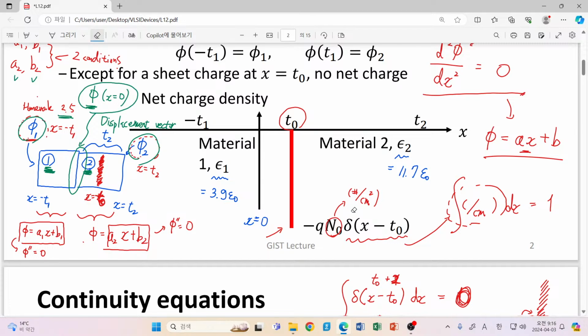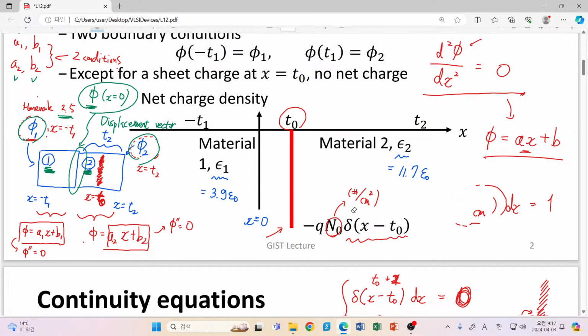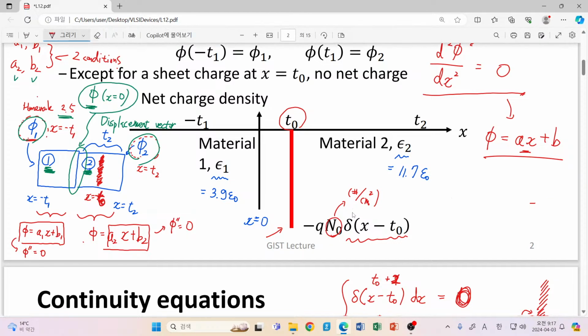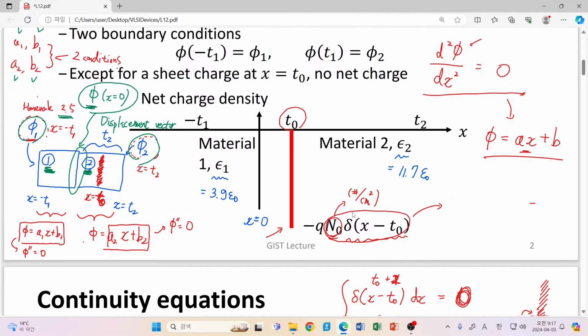So although it looks a little weird, this gives you a volume density, number per cubic centimeter.